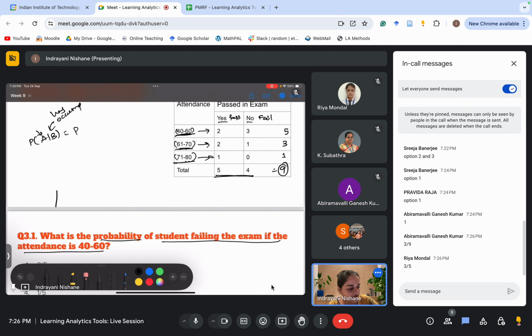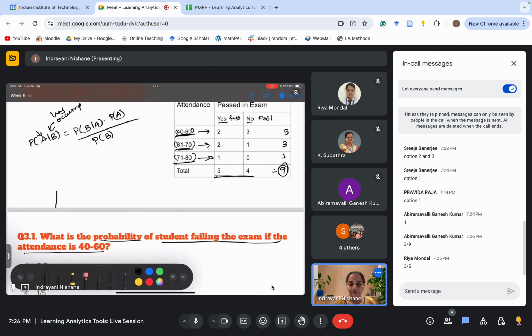It is the probability of B given A, multiplied by the independent probability of A, divided by the probability of B. So the student failing is the condition A, and attendance of 40 to 60 is the condition B.